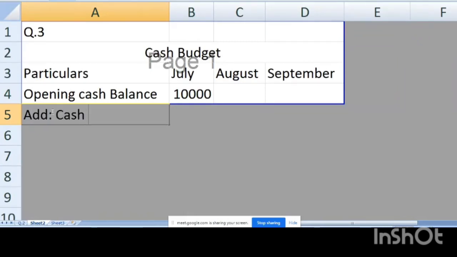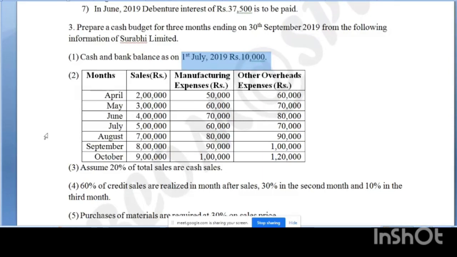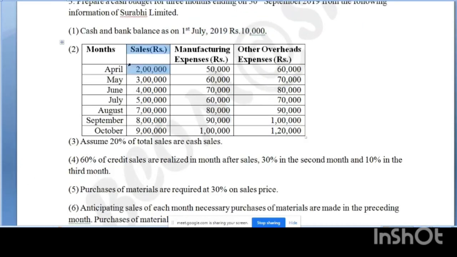Then the next is add cash receipts. And in the cash receipts, you know that the big receipt in every business is always sales. So here sales information is given to you, and he said to assume 20% of the total sales are cash sales.